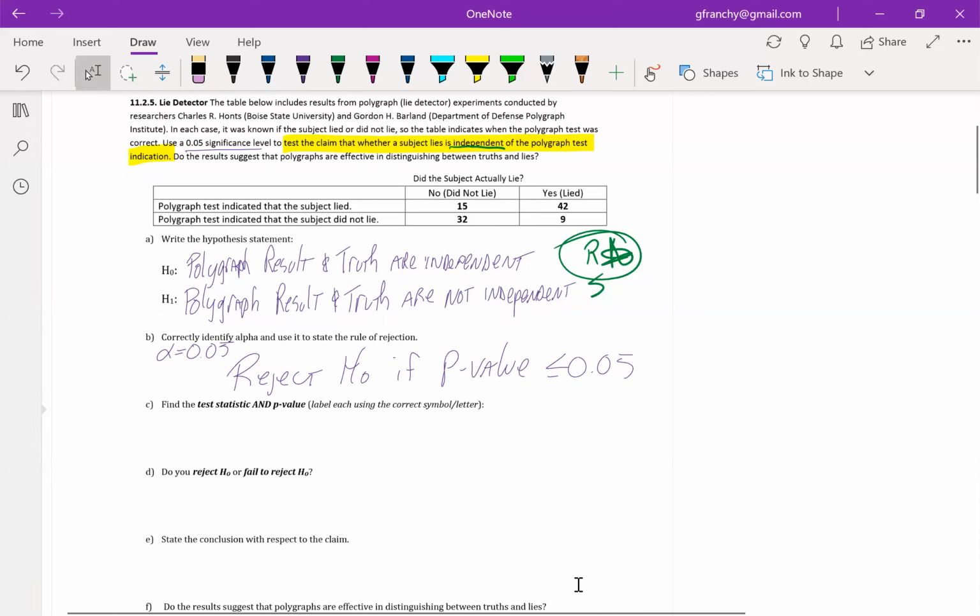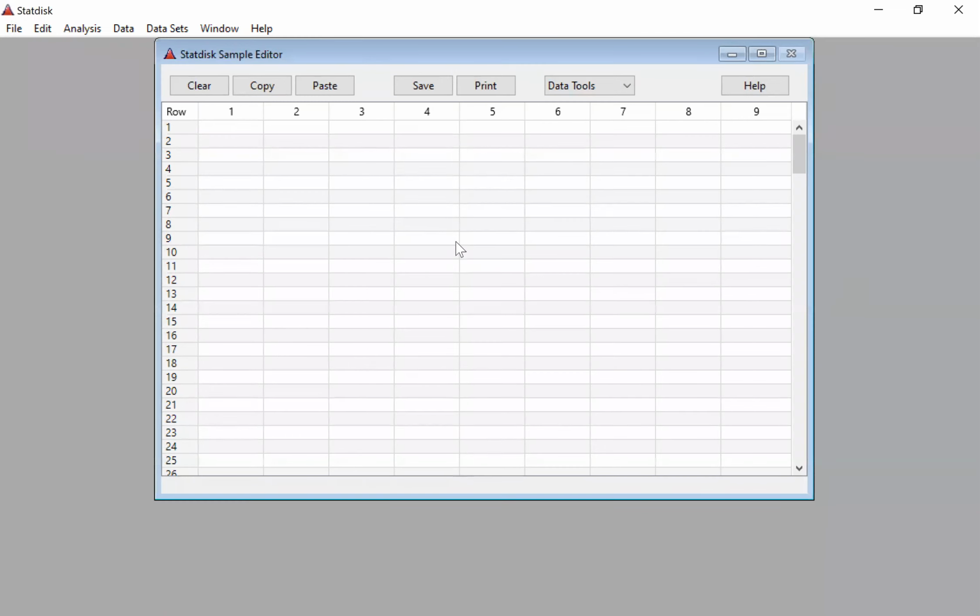So 15, 32, 42, 9. Mark, make sure I don't miscopy anything here. So 15, 42, or 15, 32? 42 and 9?